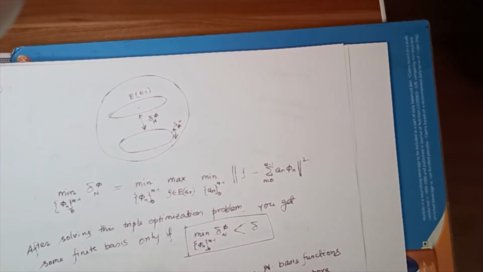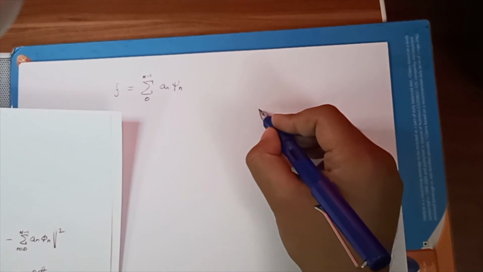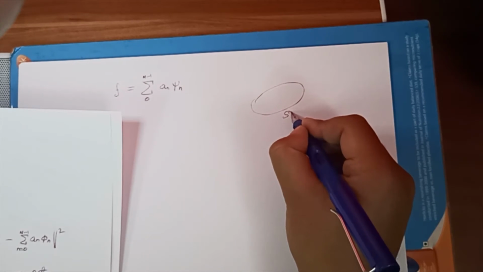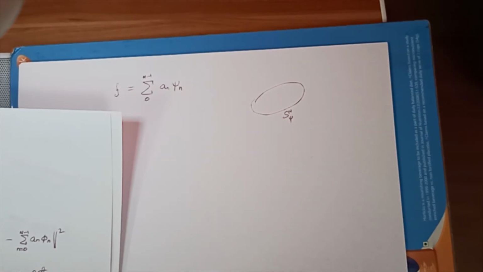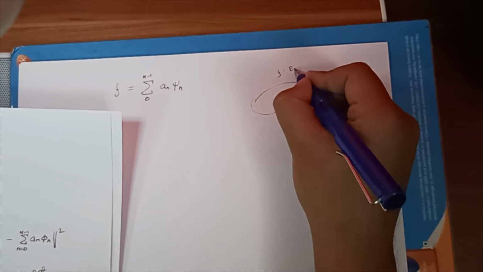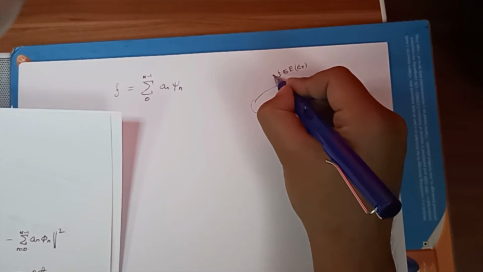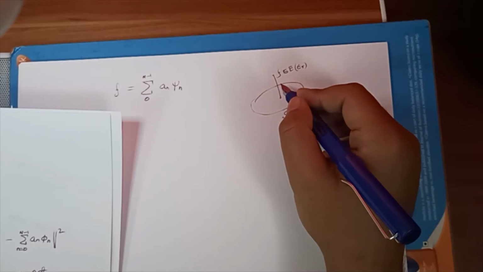Okay, fine, these are the basis functions and I am solving this, so I know that the N dimensional space, I can say S_N psi, over which I am projecting that function from E epsilon t. So this function belongs to E epsilon t, and that I am projecting, suppose here, and this distance is the minimum.